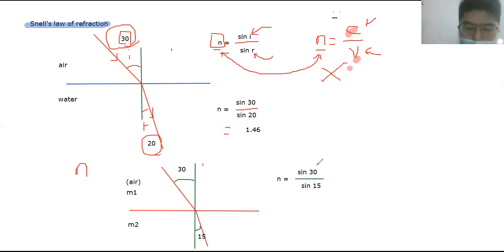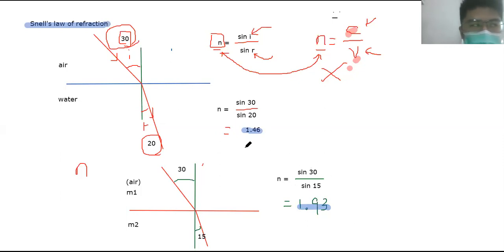Sine 30 over sine 15. 1.93. Now what do you see here? The first case 1.49, the second one 1.93. The second refractive index is higher, right?